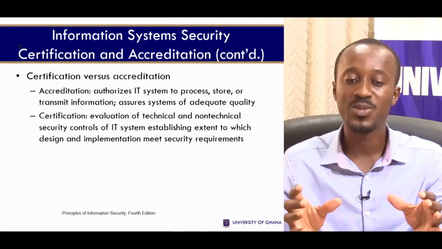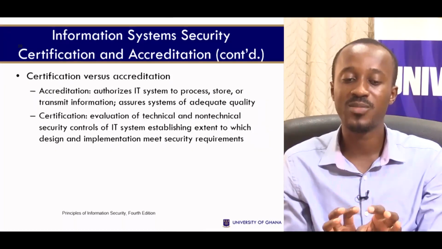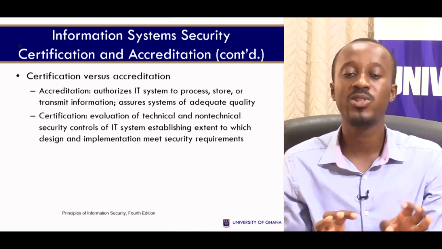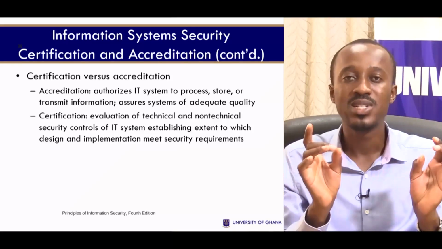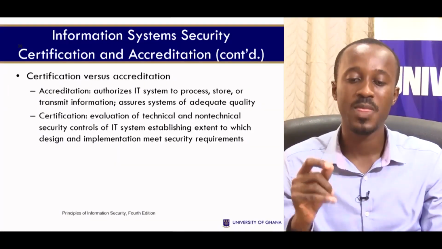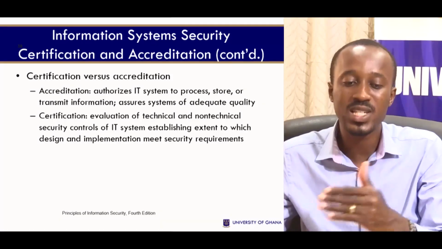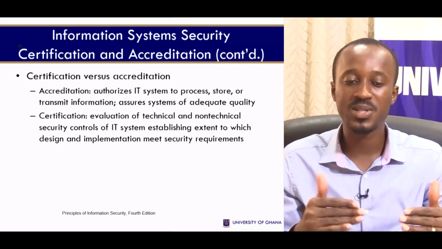When we do this, it means we've accredited them. When we talk about certification, we're looking at the evaluation of technical and non-technical security controls of an IT system, establishing the extent to which design and implementation meet security requirements.